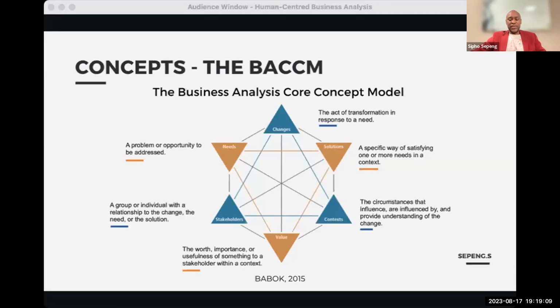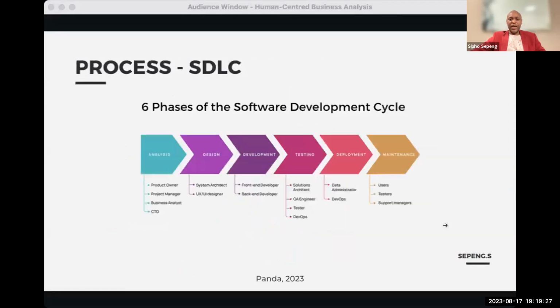As you will see with the design thinking model, behaviors, beliefs, competitors, culture, demographics, all of these are some of the attributes of what we would call needs.